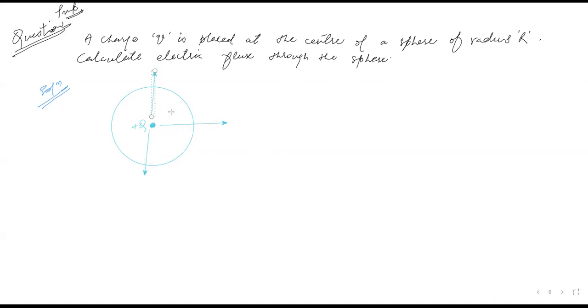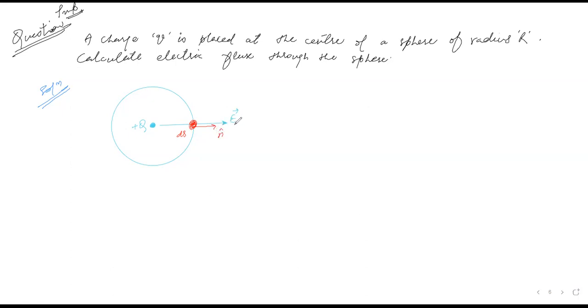We can't count the number of field lines algebraically. So we are going to take only one field line. Suppose this field line is of E, and the unit vector from this area ds is like this, in the same direction.